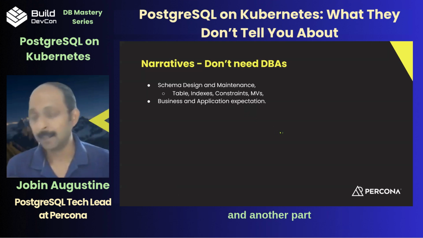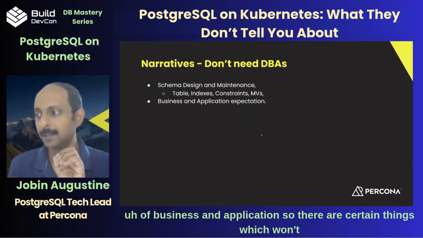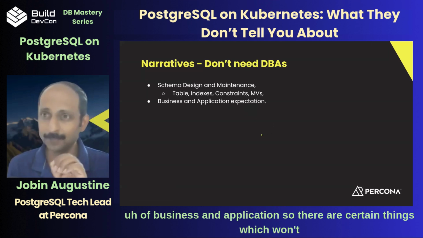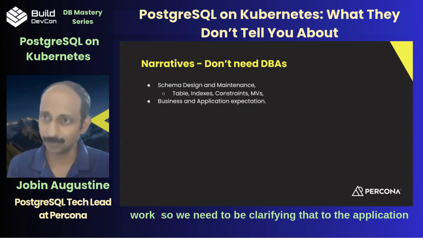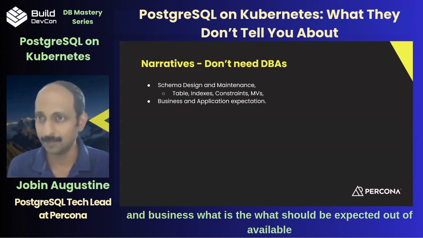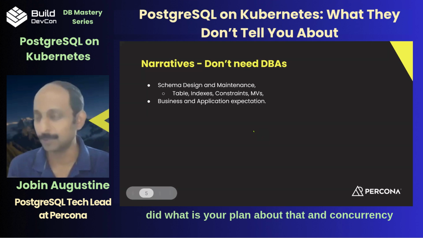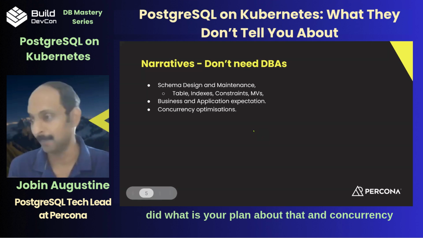Another part of the DBA's work is to manage the expectations of business and application. There are certain things which won't work, so we need to clarify that to the application and business: what should be expected from the available hardware and resources, and what your plan is about that.